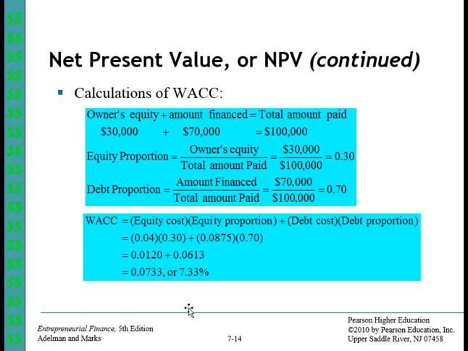The equity portion, the ownership money, is 30%, the owner's equity. The 70% then is the debt proportion. If you multiply the proportions by the costs, in this case, it's going to cost the company roughly 7.33% to finance this project.